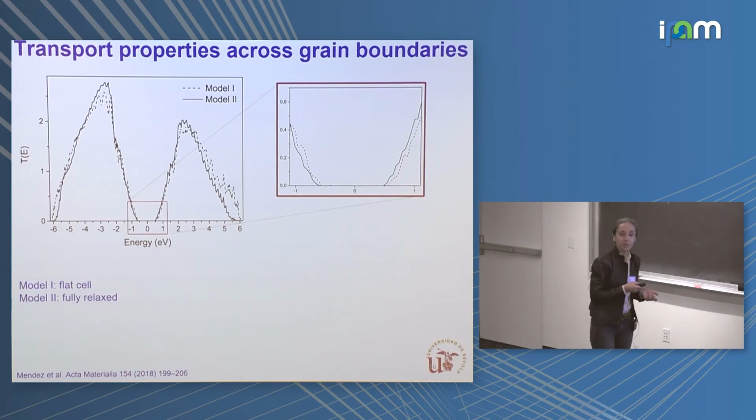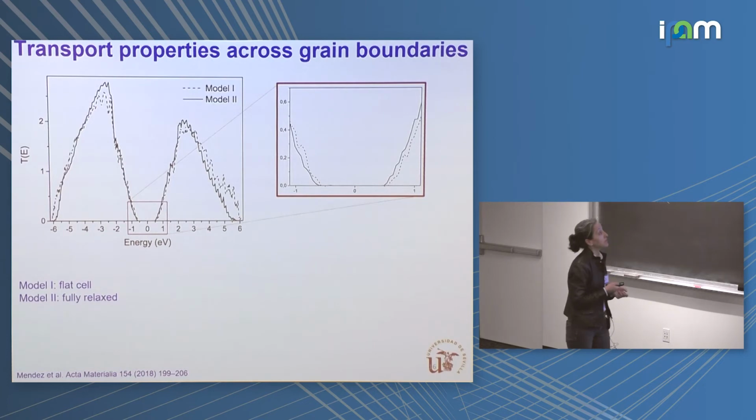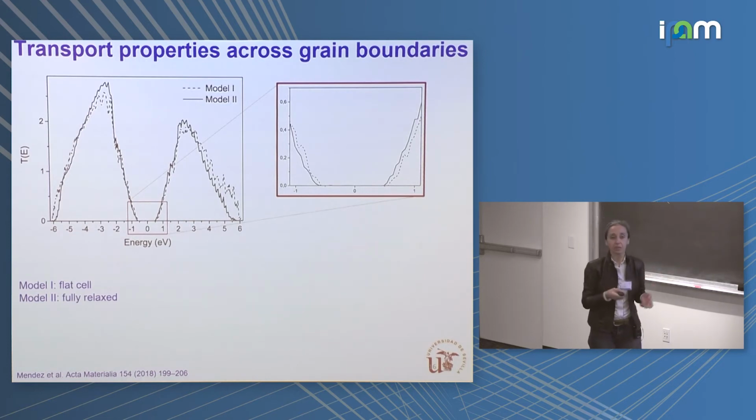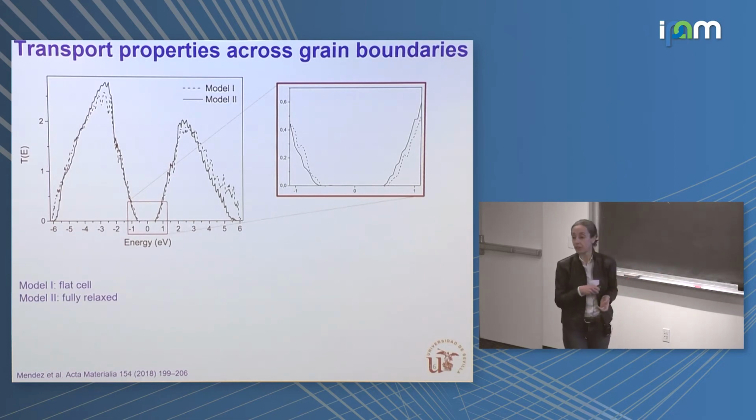So the first comparison that we did was to obtain these curves for both cases, the flat cell and the 3D fully relaxed cell. And what we observed is that the band gaps were the same. You see differences in the curves in both, but those are not important, because what is really important here is this part of the curve.